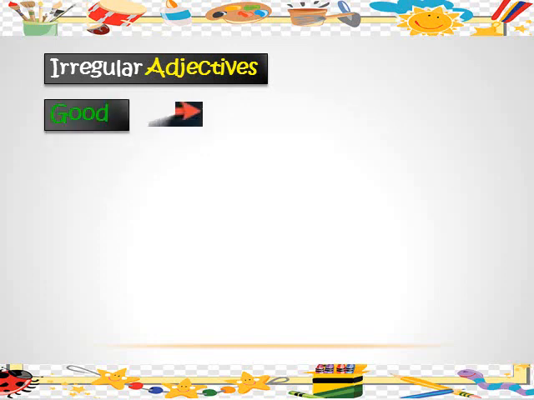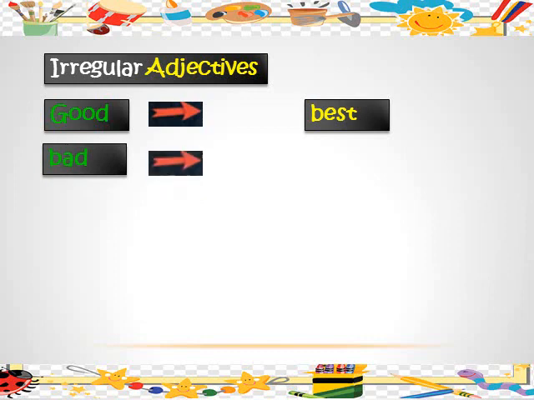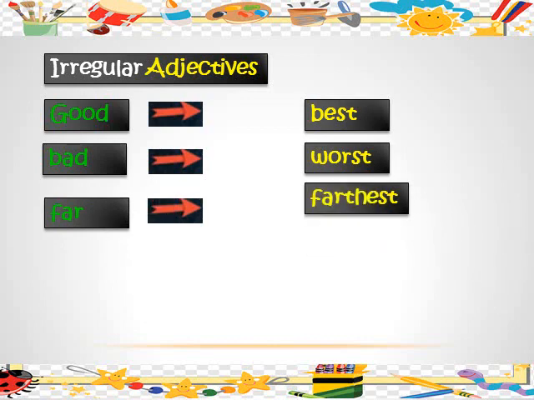When I want to make it superlative, I can say best. Bad, I can say worst. Far, I can say farthest. So good becomes best, bad becomes worst, far becomes farthest.